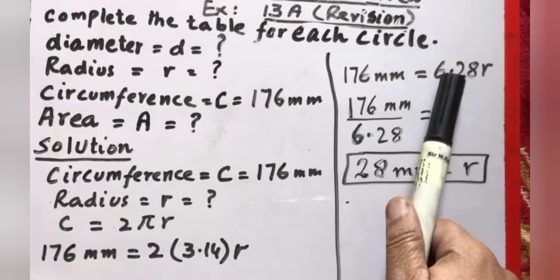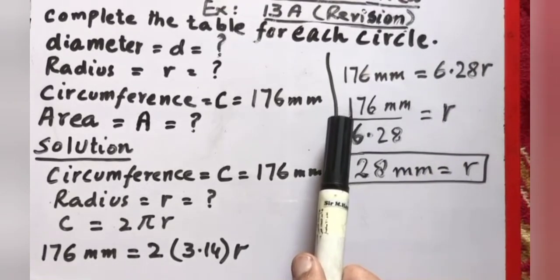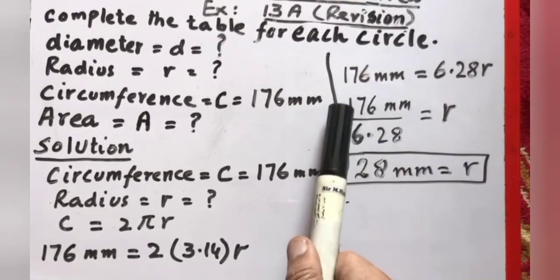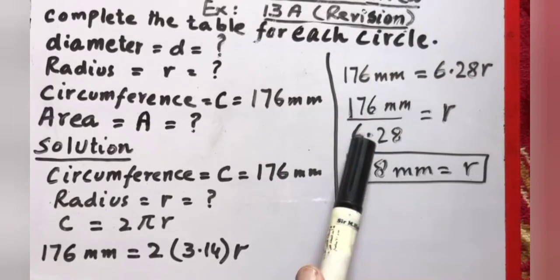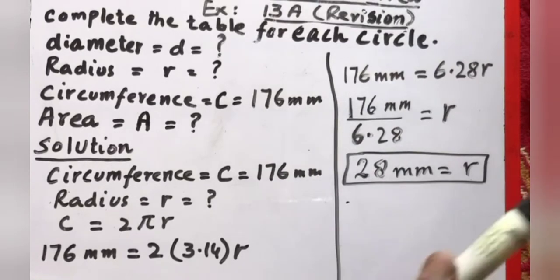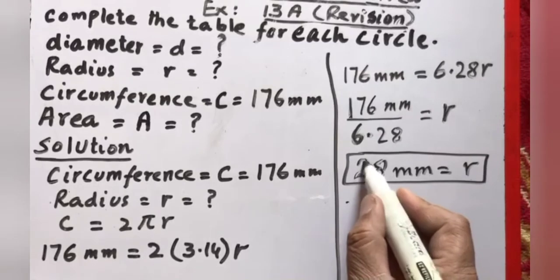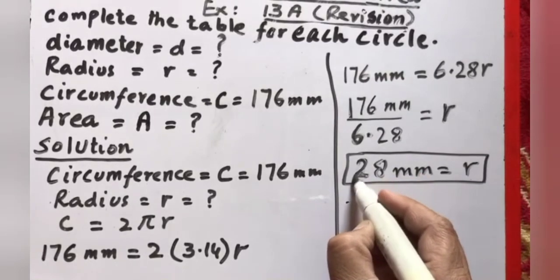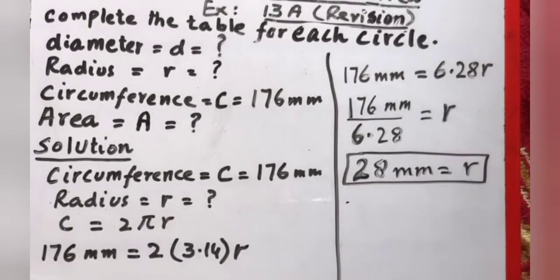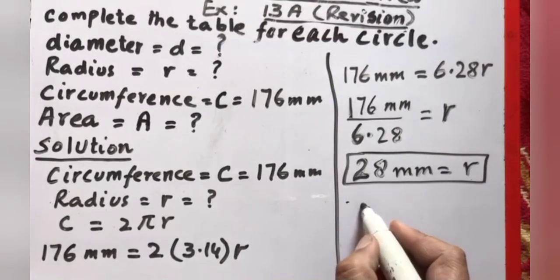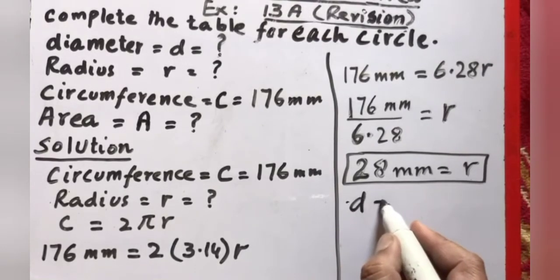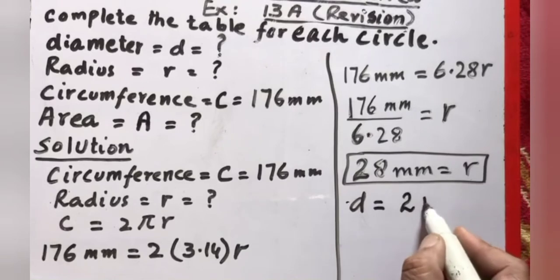So by shifting the 6.28 to the left hand side, it will divide 176. If we divide 176 by 6.28, we will get the answer 28 millimeter. So we have found the radius. Now we can easily find the diameter, as we know that the diameter is equal to 2r.